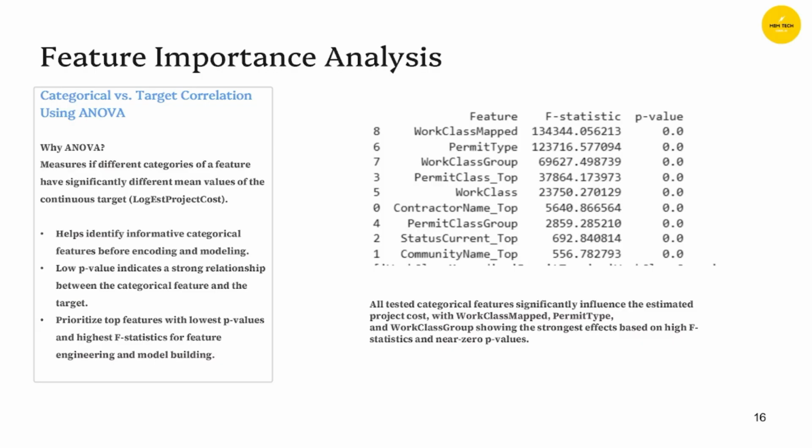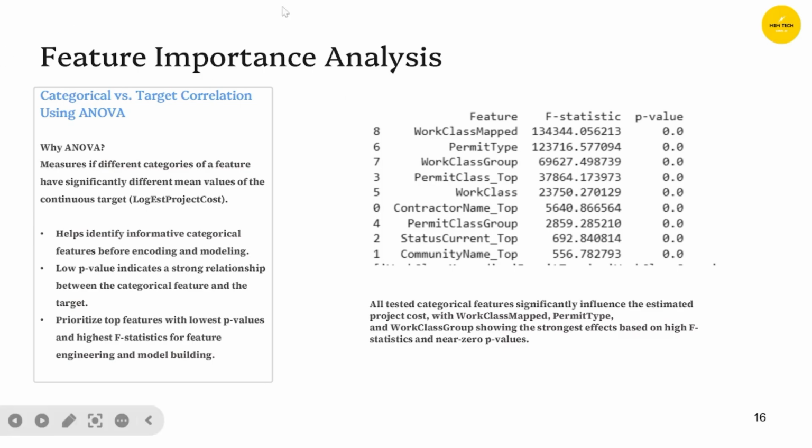In the chart, we can see the F statistic and p-value given. A low p-value indicates a strong relationship between the categorical feature and the target, so we prioritize top features with the lowest p-values and highest F statistic for feature engineering and model building.